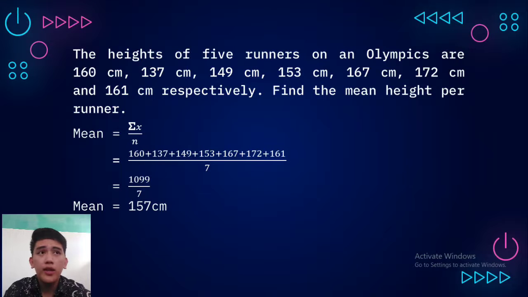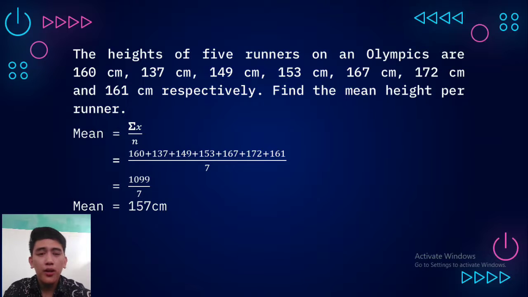The heights of 7 runners in the Olympics are 160 centimeters, 137 centimeters, 149 centimeters, 153 centimeters, 167 centimeters, 172 centimeters, and 161 centimeters respectively. Find the mean height per runner.